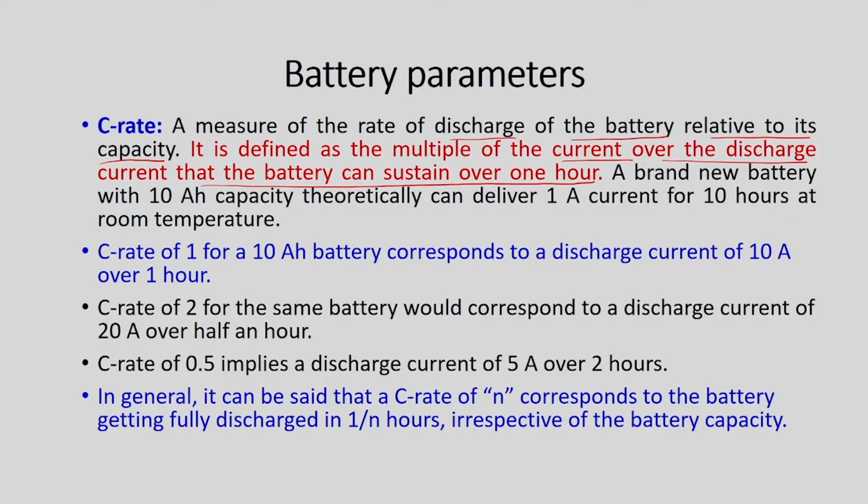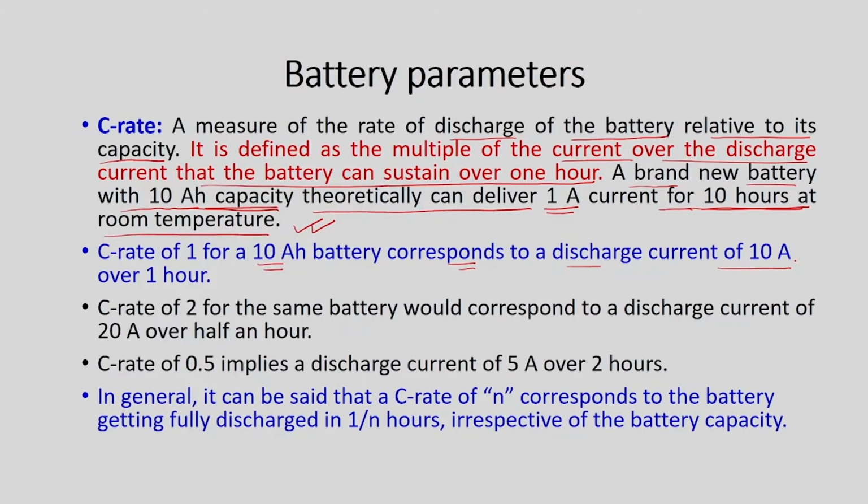Suppose, for example, a brand new battery with 10 ampere hour capacity, already we have defined what is capacity, theoretically can deliver 1 ampere current for 10 hours at room temperature. That you should keep in mind. It is related to the temperature at which the system will operate.